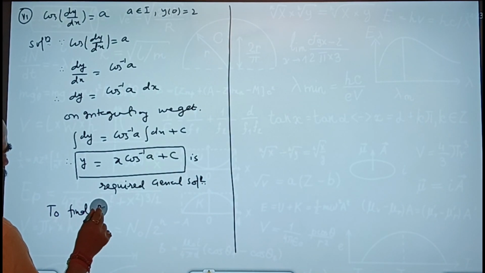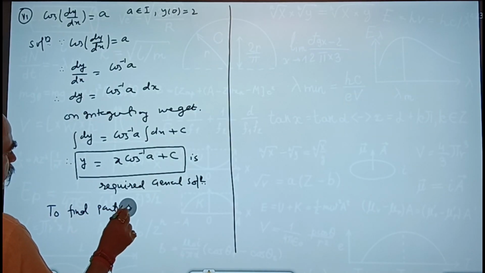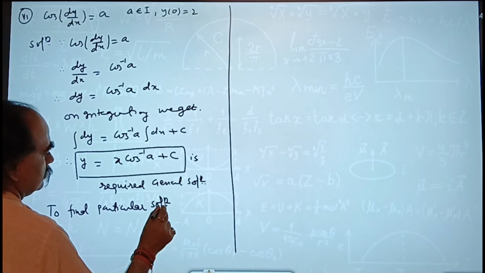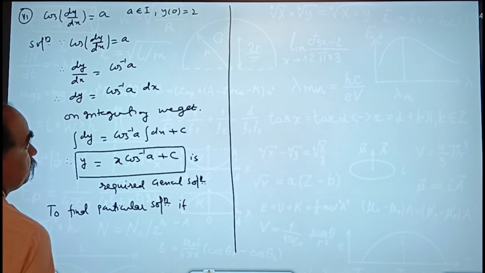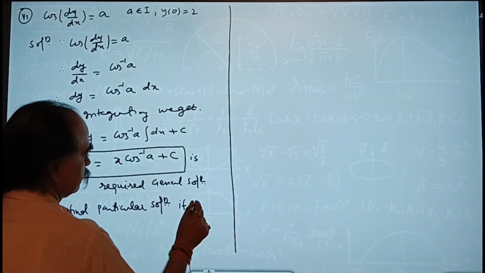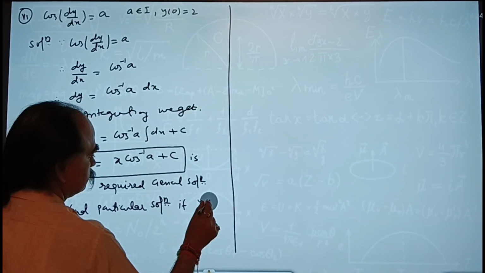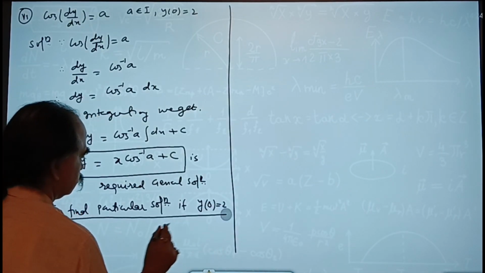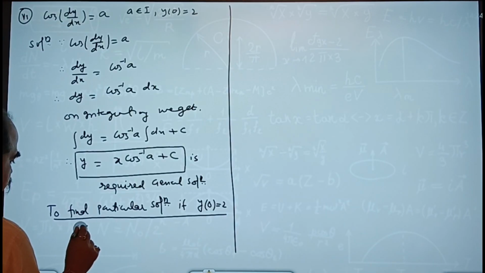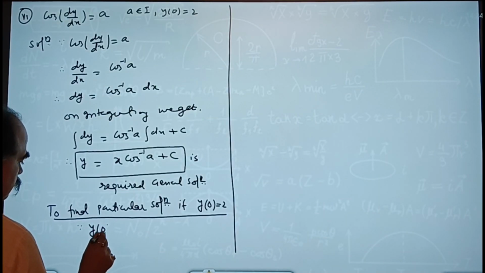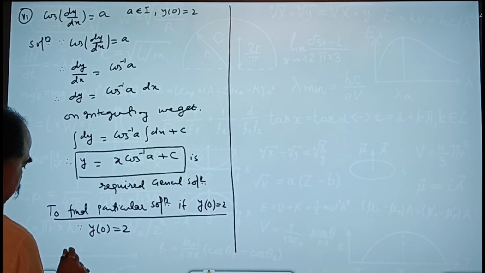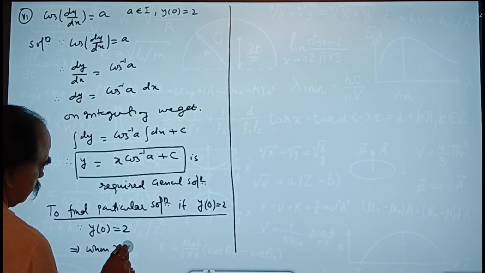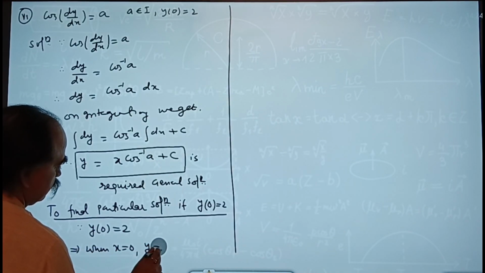To find the particular solution, if y of 0 is equal to 2, since y of 0 is equal to 2, this implies when x is 0, y is 2.